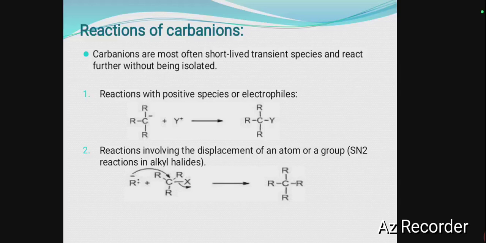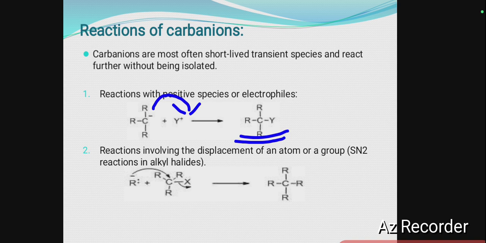Carbanions have an unshared pair of electrons, so they act as electron rich centers, the nucleophiles. When reacting with electrophiles, there is a transfer of these electrons towards the positive species and there is a formation of a covalent bond and the compounds are formed.